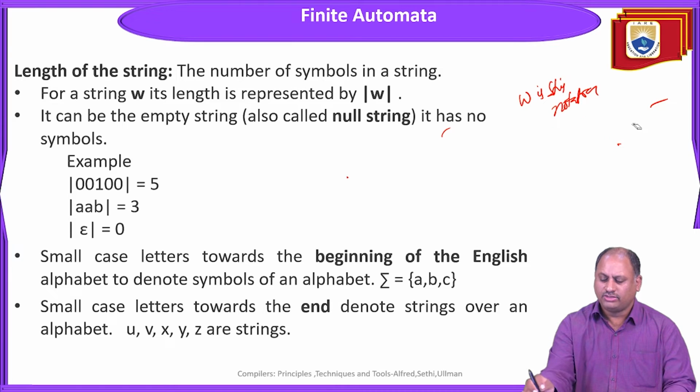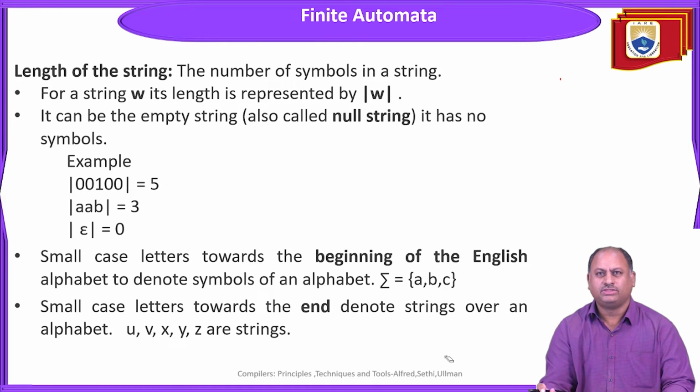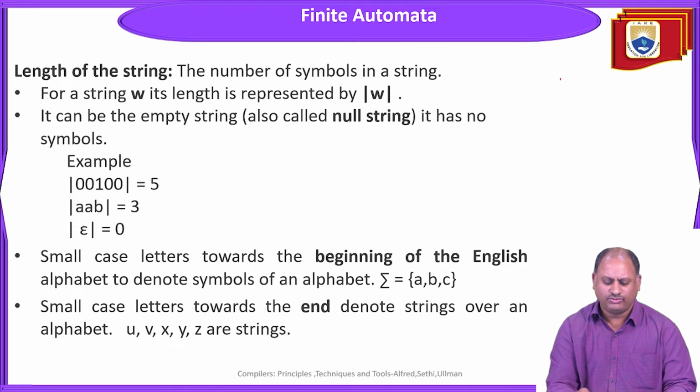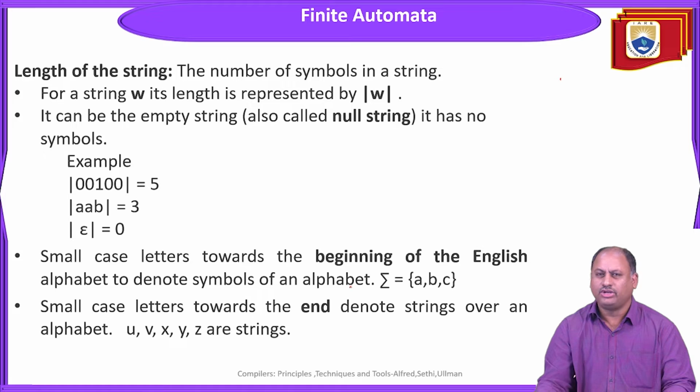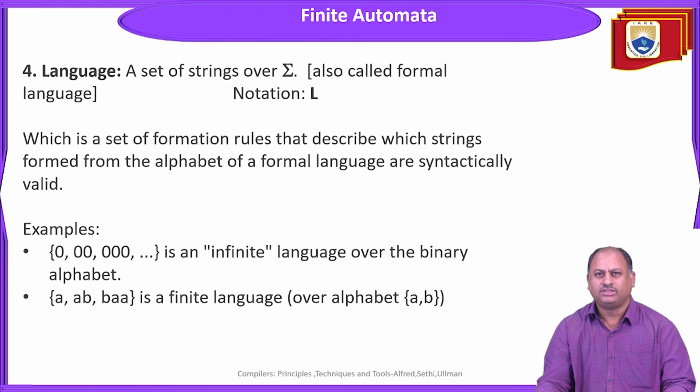The only special case is when it does not contain any symbols, which is epsilon. Generally, lowercase letters such as small a, small b, small c are used to represent symbols at the beginning of the alphabet, whereas strings are generally denoted with lowercase letters toward the end, that is u, v, w, x, y, z. That is the notation to represent strings.